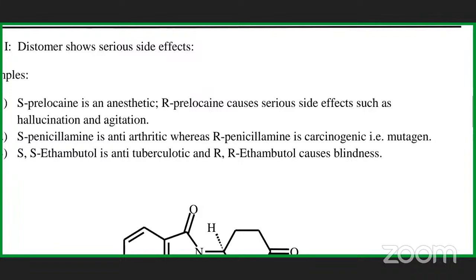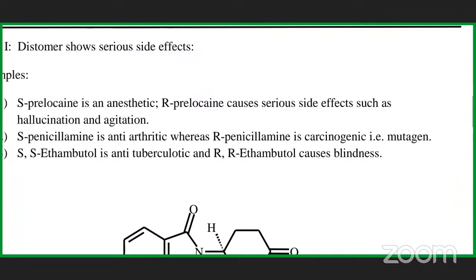The arthritic drug, where there are joint pains and some inflammation, is a kind of anti-inflammatory drug here, right? So one is an anti-arthritic drug, and the other is carcinogenic.